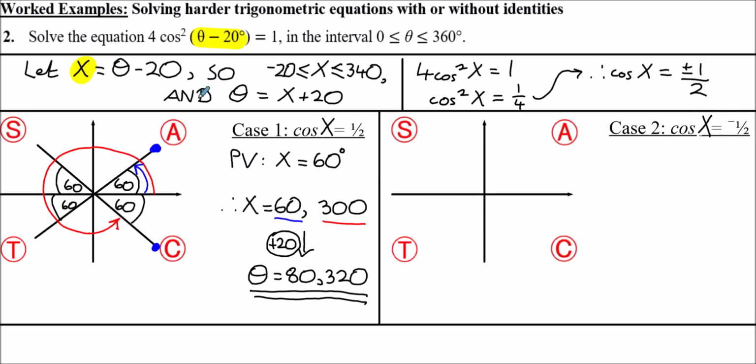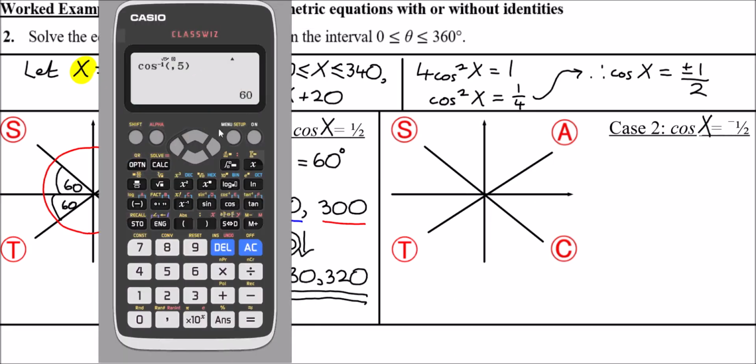So again, with a cast diagram, we do the big X centered on the origin and use a calculator to work out the principal value of the variable, which in this case is big X, because we made this initial substitution of big X instead of this thing here. So shift cos -1. Now I'm just going to say -1/2. And we end up with 120.